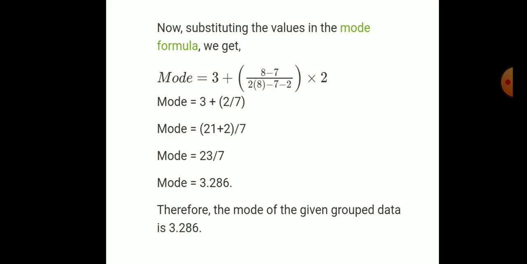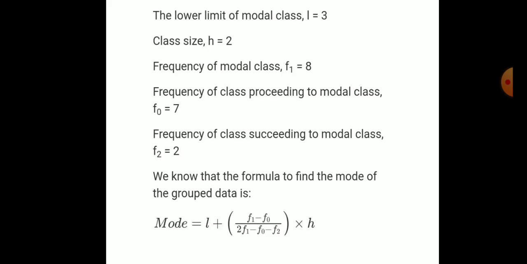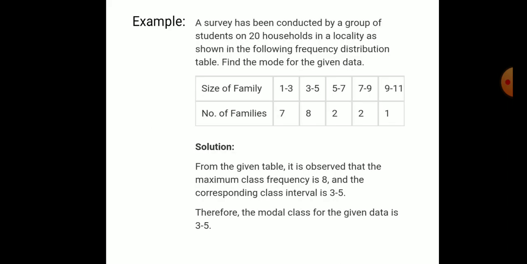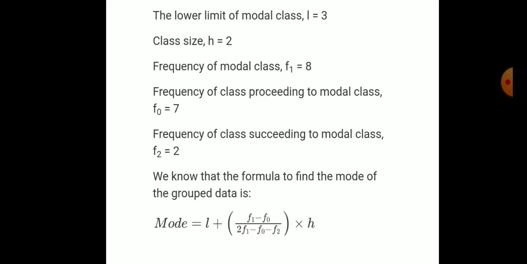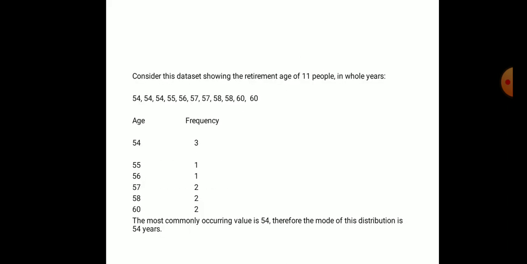So 23 divided by 7 is equal to 3.286. Therefore, the mode of the given grouped data is 3.286.